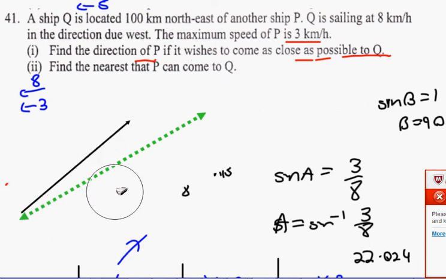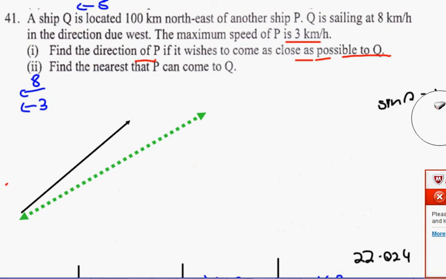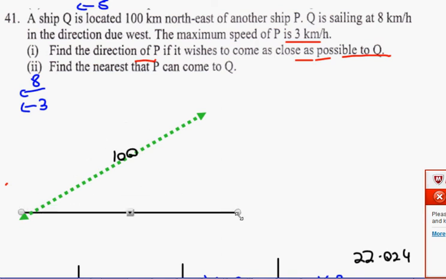We have all our information below: this here is 100, and that's 100, and that's located at 45 degrees, correct?